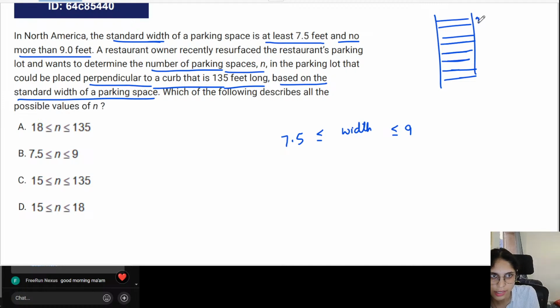So let's say this is the standard width of a parking space and there is one car. So if you can see, this is going to be 135 over n. So this is length over number of cars.